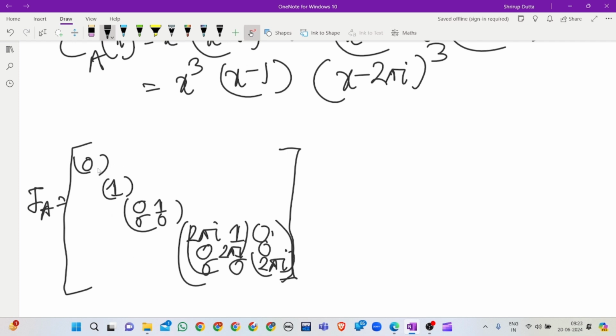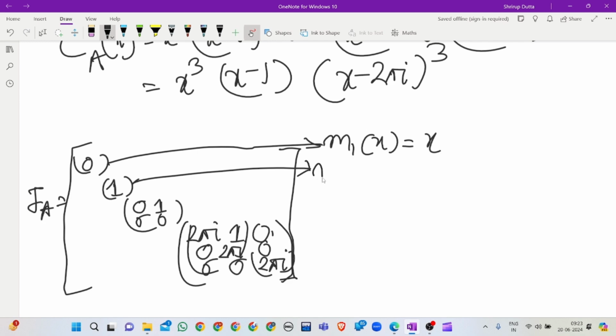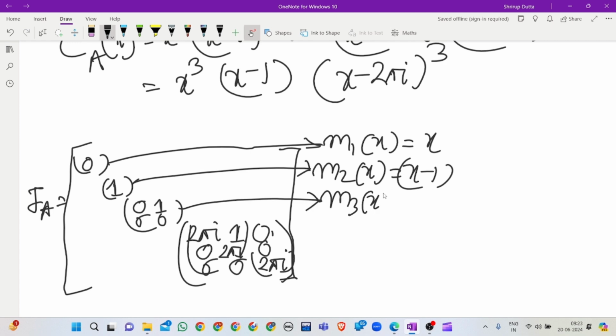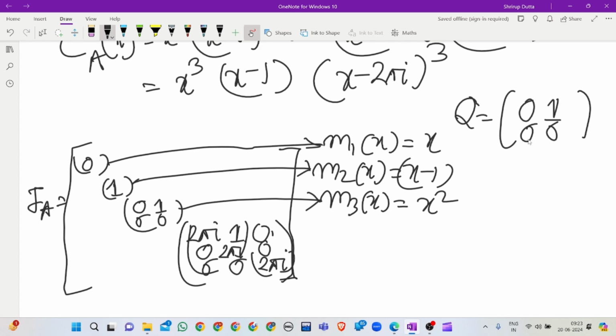For the first block, we have minimal polynomial m1x is x. For the second Jordan block, the minimal polynomial is x minus 1. And for the third Jordan block, m3x is x square, since that matrix, say Q, is a nilpotent matrix of order 2, so Q is not 0 but Q square is 0.